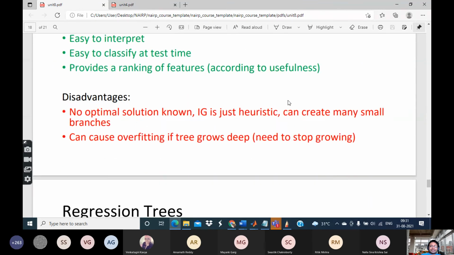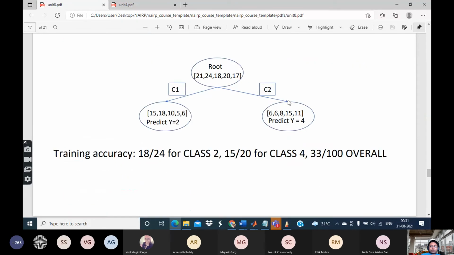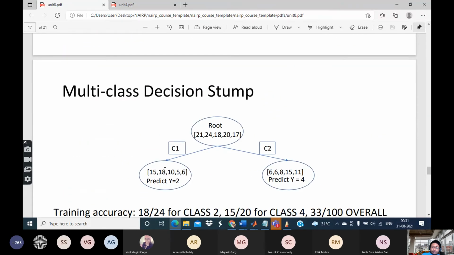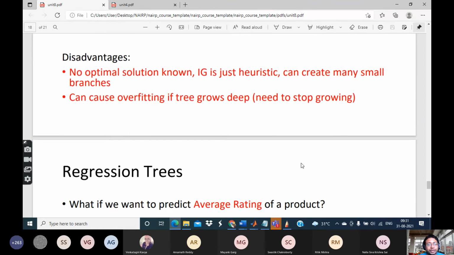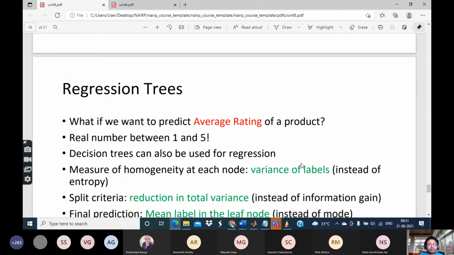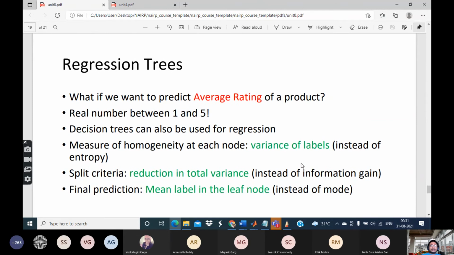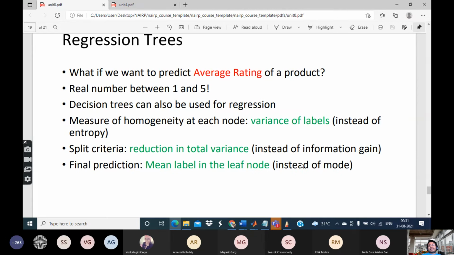Now, this decision tree, as we saw, can be used for classification. It can be used for binary classification, or for multi-class classification also. Similarly, it can also be used for regression. So what is regression? Regression, if you remember, is a problem where the label space is real.